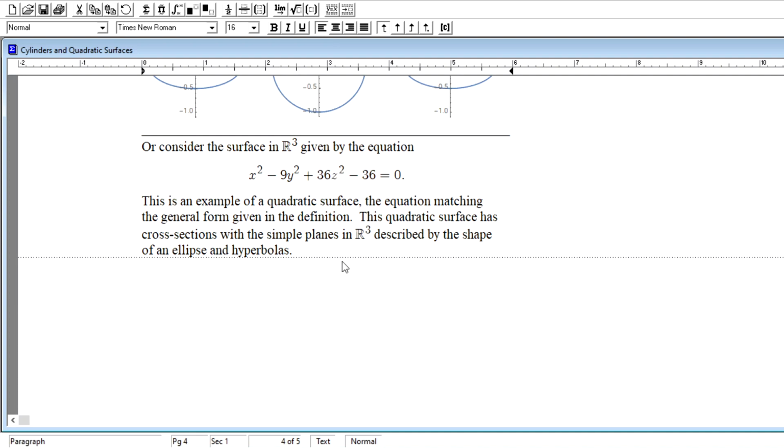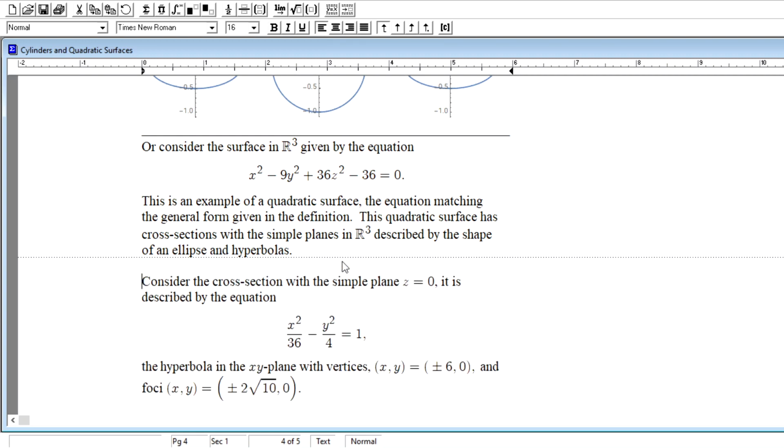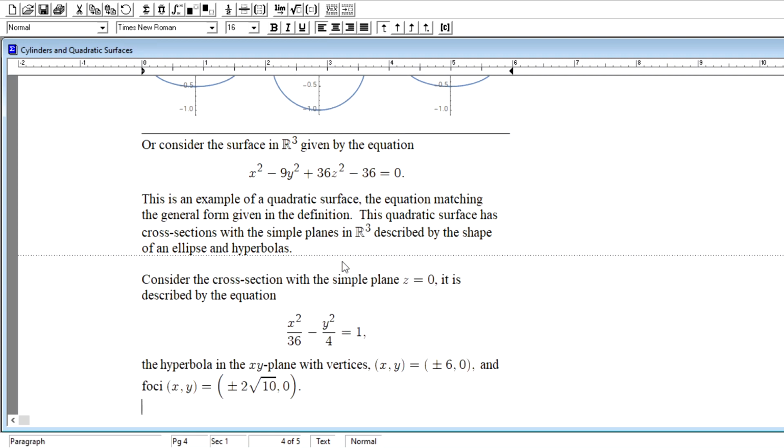If we put this together with some of the simplest of our simple planes, that being where our variables equal 0, when z equals 0, we have this hyperbolic description.